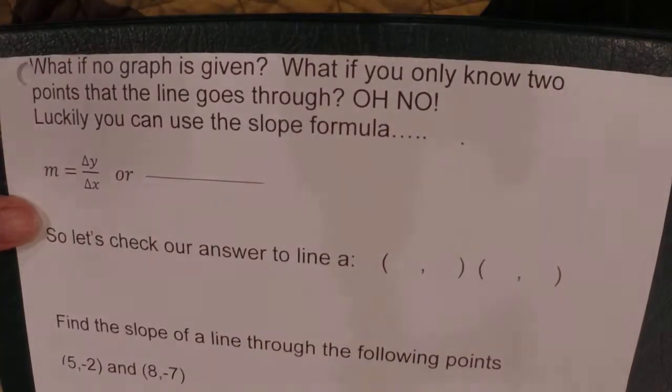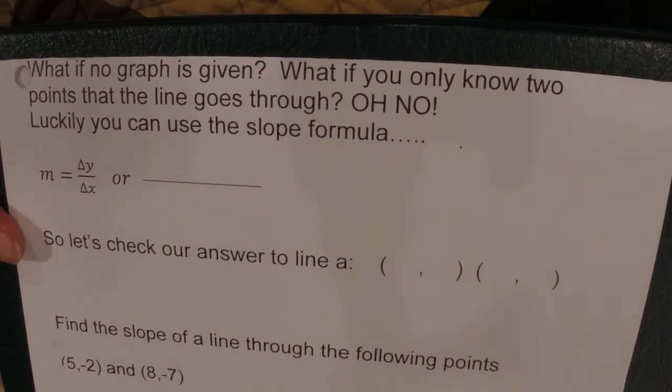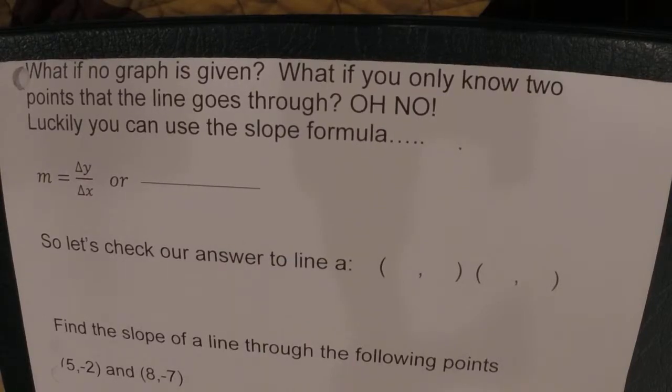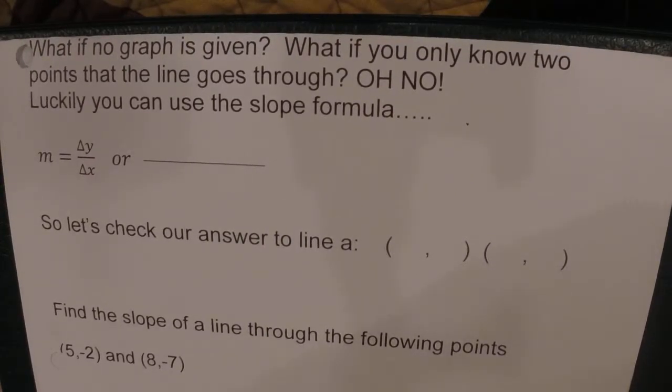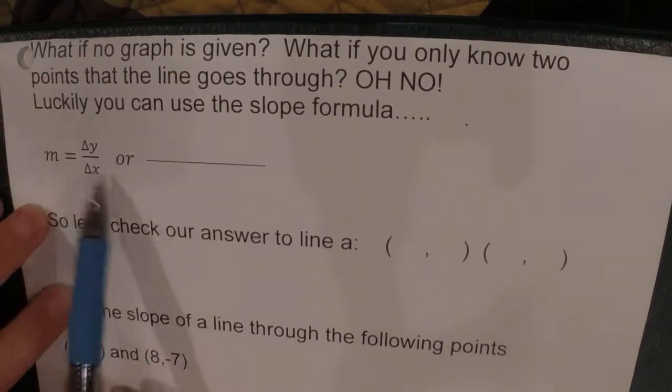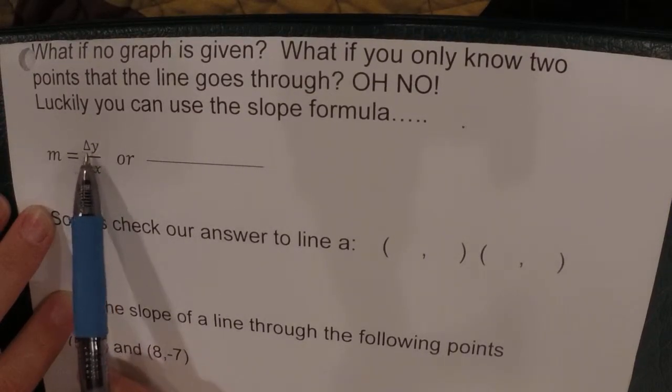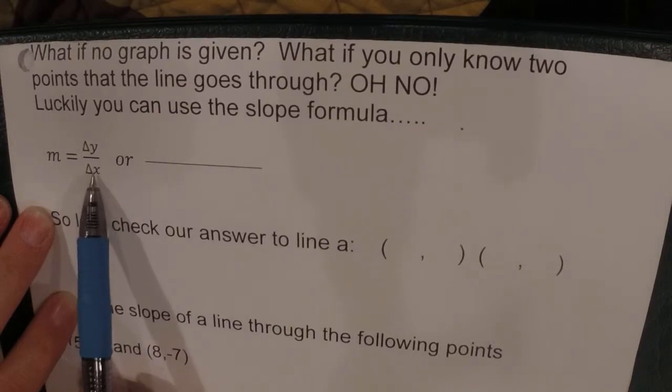But as it states on the bottom half of these notes, what if they don't give you a graph? Then what do we do? Oh no, what do we do? Well, luckily, there actually is a slope formula. So this should look vaguely familiar. The very first set of notes, we talked about delta y versus delta x.